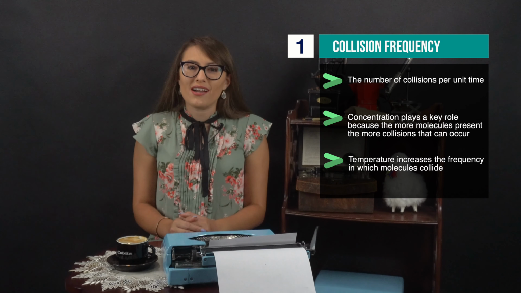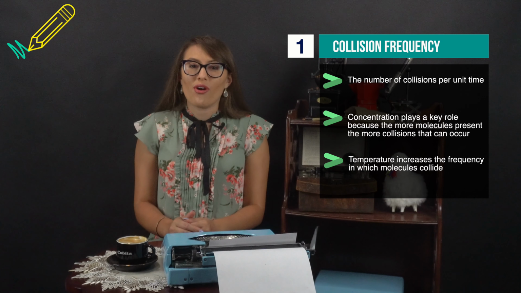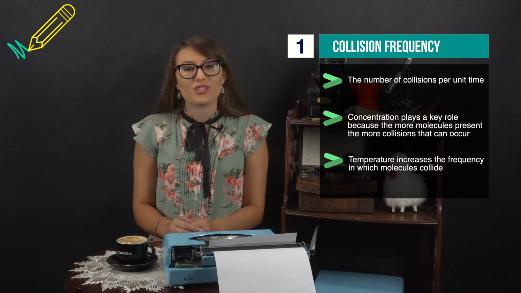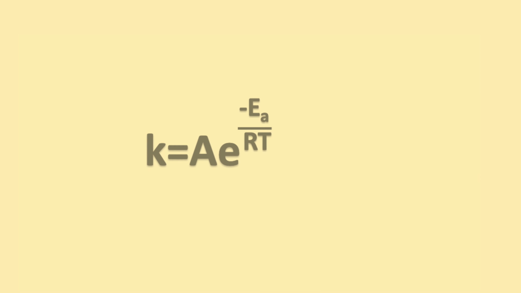This occurs because as temperature increases, so does the frequency in which molecules collide. Also, if we are increasing the collision frequency, we are increasing the probability in which a collision event will lead to a reaction. An empirical model that is used to describe this phenomenon is known as the Arrhenius equation, and is as follows.